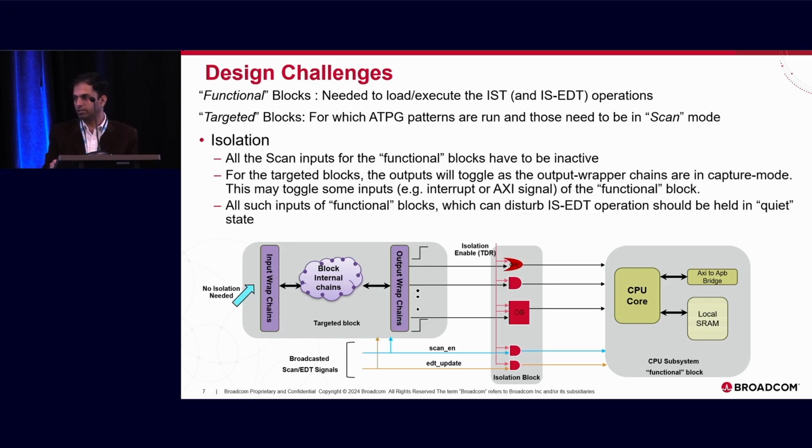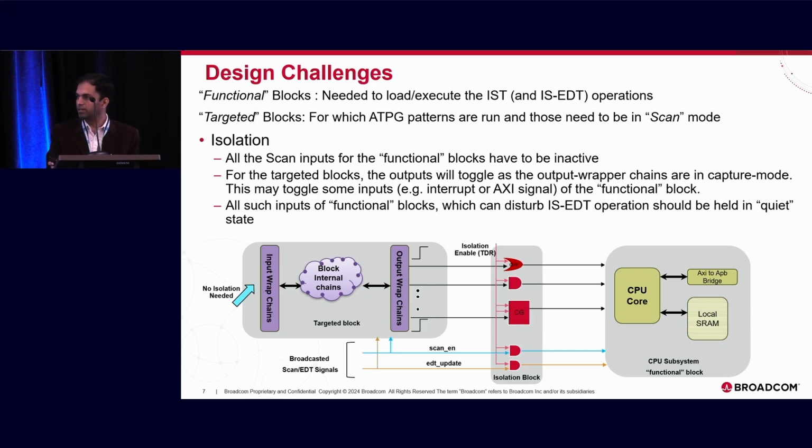So with this isolation, we need the CPU to operate in functional mode. Now the blocks for which ATPG patterns are targeted are toggling, and they are toggling randomly, really. So we cannot have the CPU getting disturbed. Let's say there is an interrupt coming from one of the targeted blocks. Now if that reaches the CPU, the whole operation will go haywire. So we need to isolate it and keep the CPU, as I say, in a quiet state.